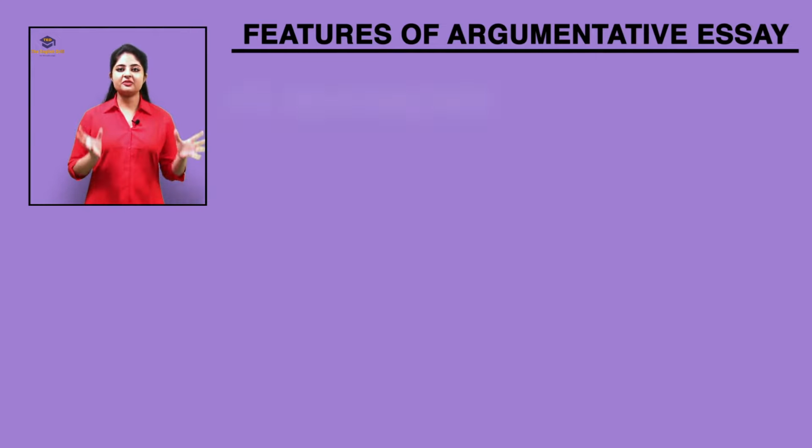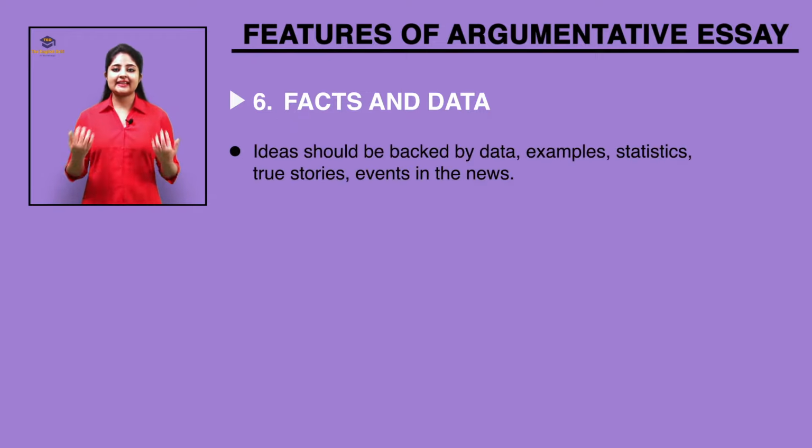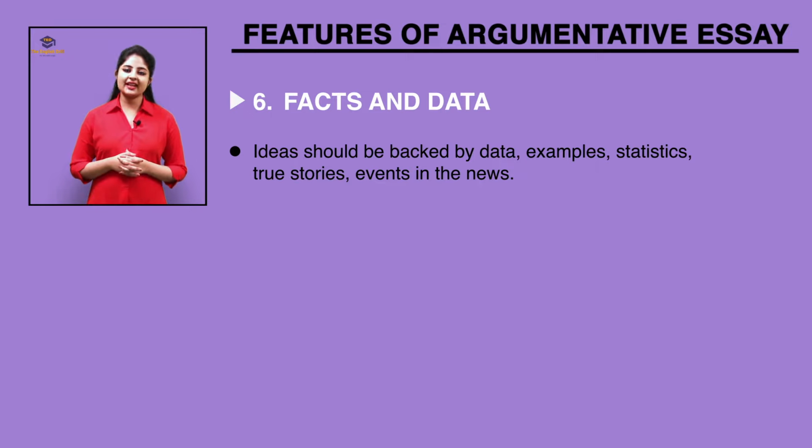Number 6, facts and data. You cannot just mention your ideas or opinions and leave them there like that. They should be backed by data, examples, statistics, true stories, events in the news, and so on and so forth. Do not mention your points in isolation in just one sentence and leave it there.